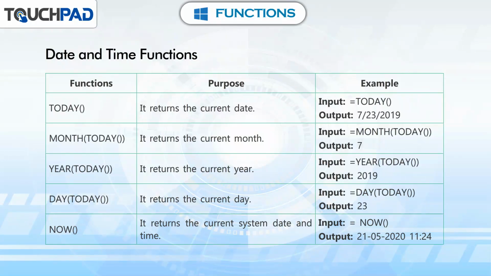DAY(TODAY()) returns the current day. Input: =DAY(TODAY()). Output: 23. NOW() returns the current system date and time. Input: =NOW(). Output: 21-05-2020 11:24.